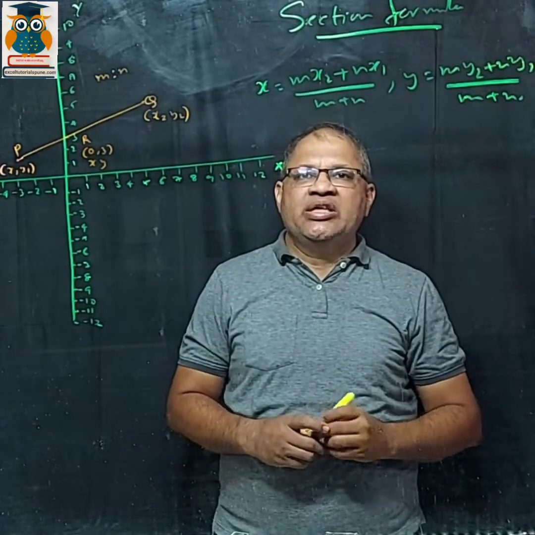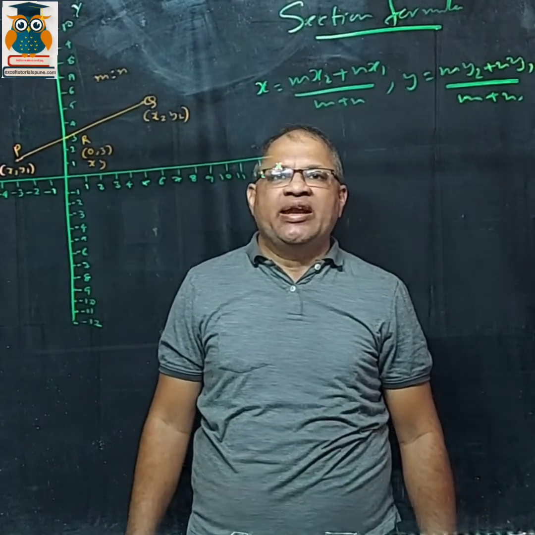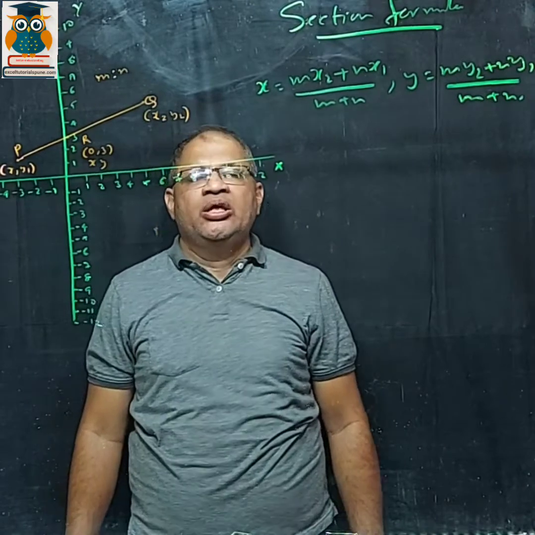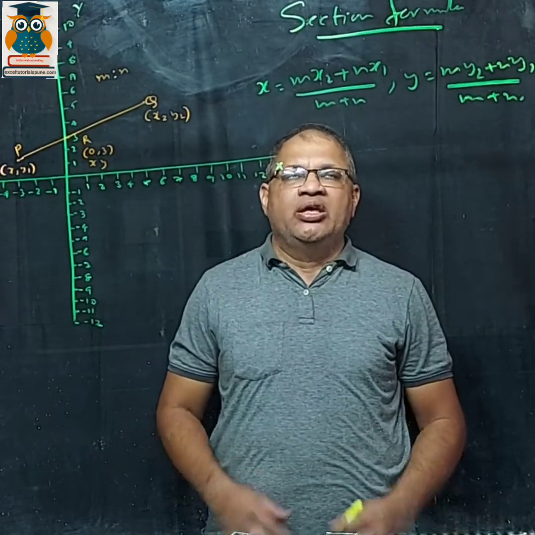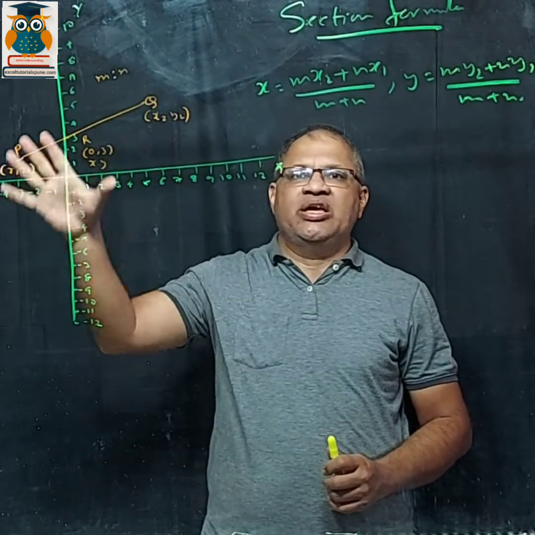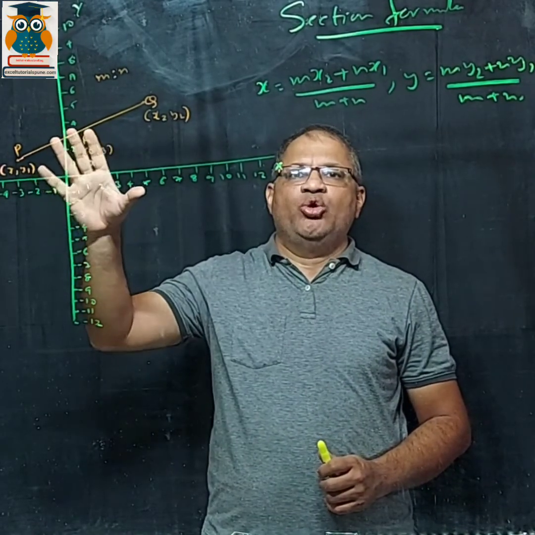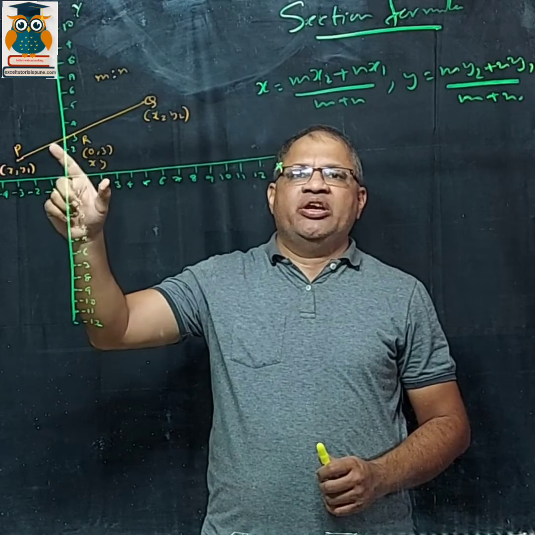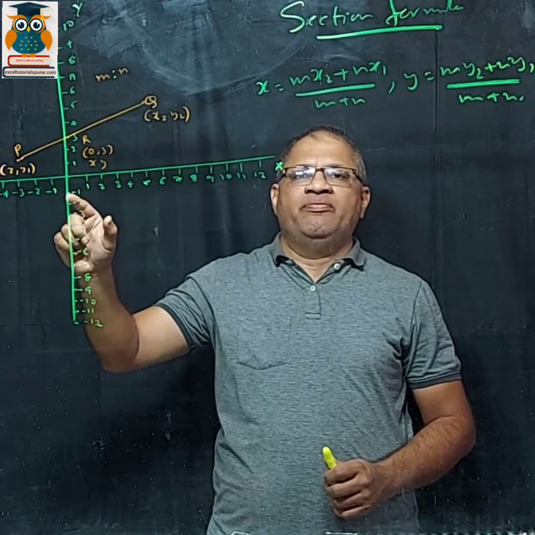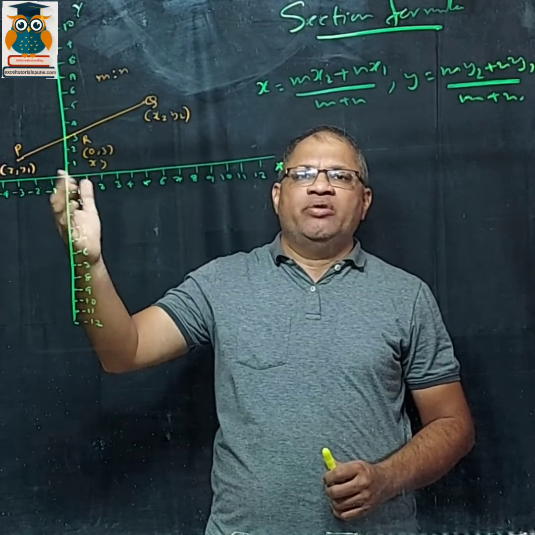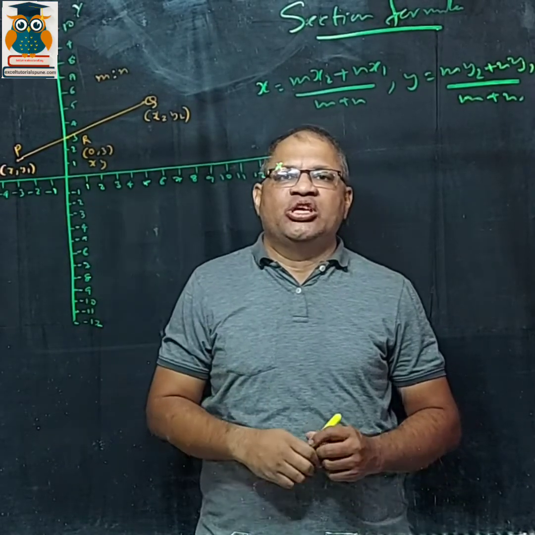Just remember this section formula and see how it is applied. It is applied only when the ratio is given. So whenever a ratio m:n is given, whatever the ratio, you can find out the coordinates with the help of the section formula.